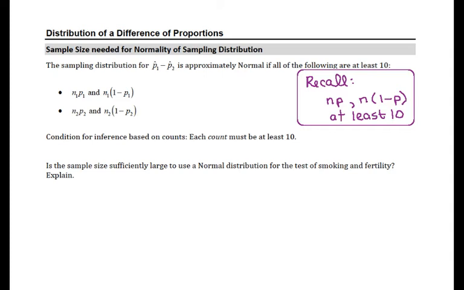We now have an n1 p1 from our first sample and an n1 times 1 minus p1 from our first sample, and then we have the same exact calculations from our second sample, and the criterion is the same, that all of these must be at least 10.